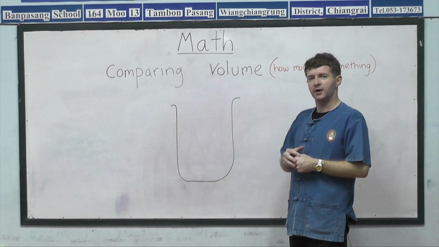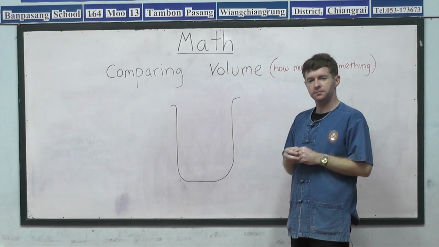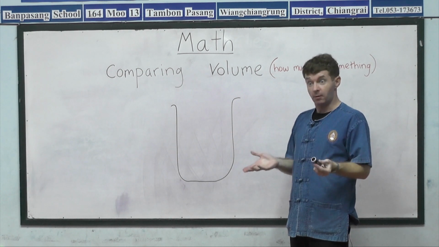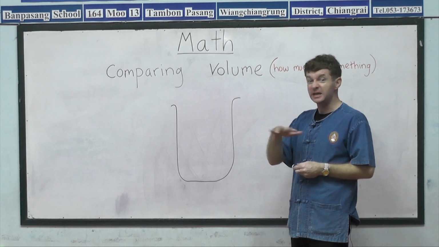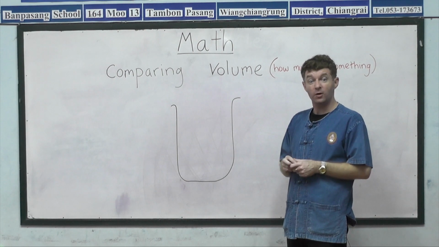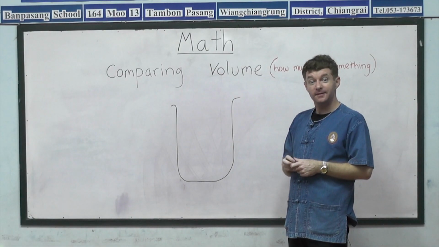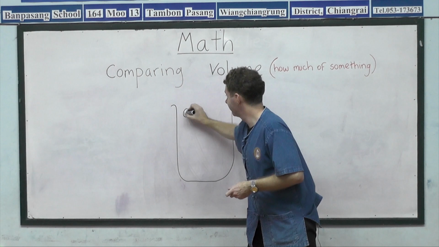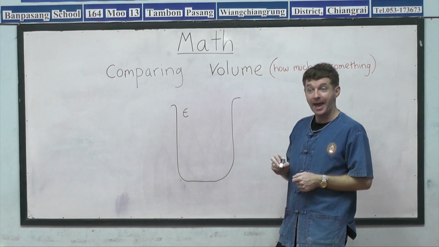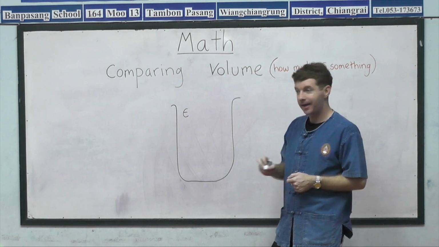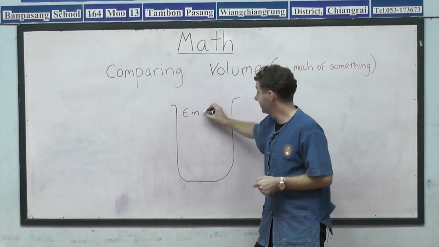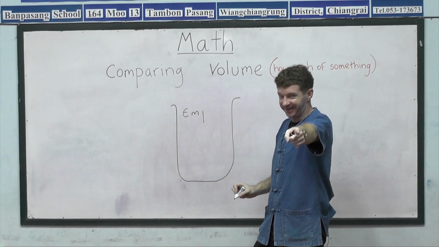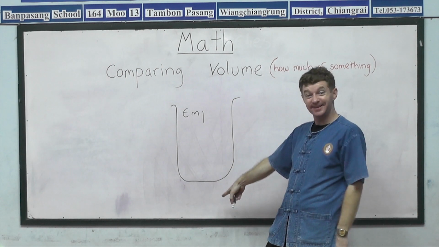How much water is in the container now? 0. So what can we call the container when there's 0 water or liquid? Empty. The container is empty.